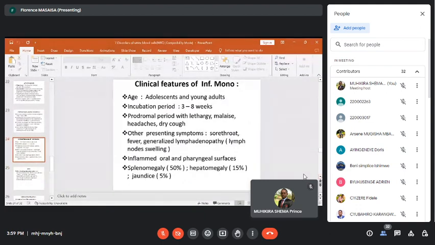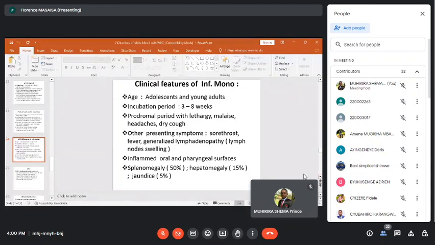So what are the symptoms? The age is usually between young adolescents and adults. The incubation period is around 3 to 8 weeks. Then the patient may present with features of sore throat, malaise, and lymph nodes.